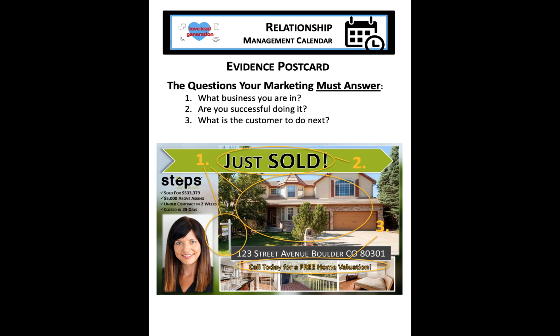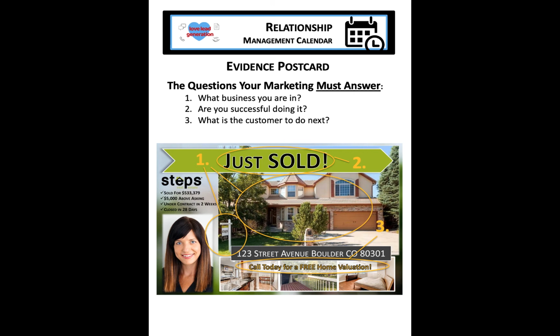You can see here what business she is in. Obviously, a house, right? A real estate sign shows what business they're in. Are they successful? Just sold. Well, that says they're successful. And what is the customer to do next? Call today for a free home valuation. You can see here that this person is successful and what business they're in without even reading it, because this postcard is going to cross in front of their face and go immediately into the trash can.